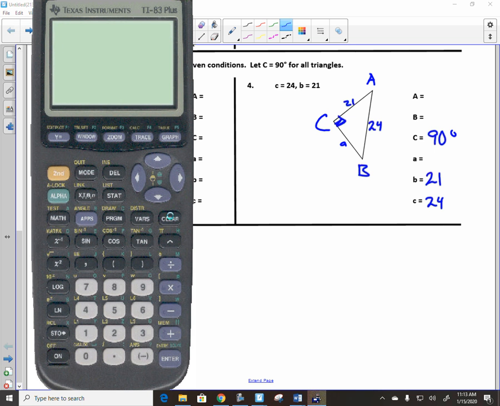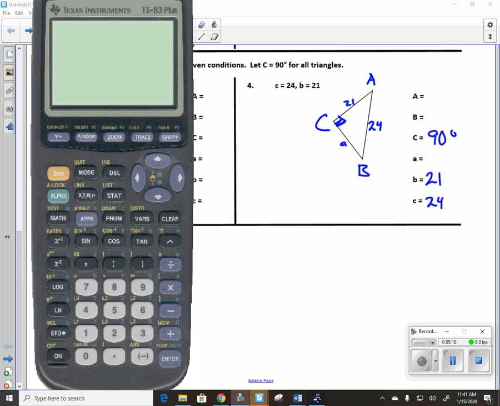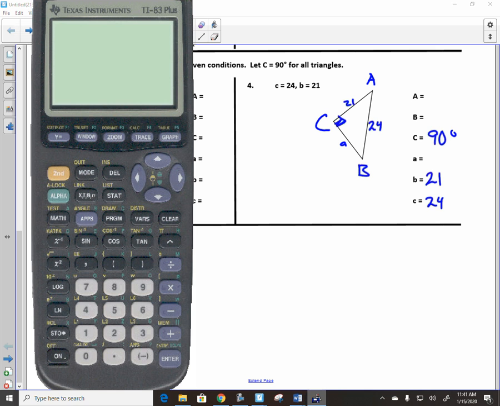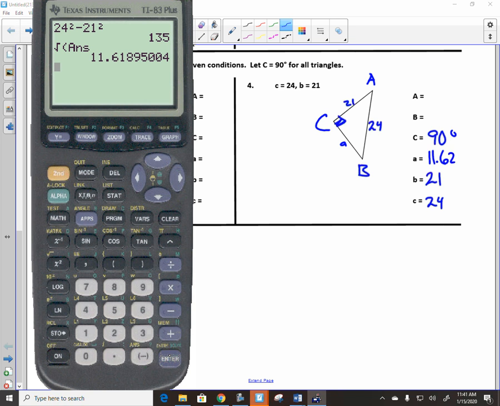Go get lunch, come back. Okay, we're going to find that third side. You said we want to find side A, so you can use the quadratic formula? No, Pythagorean theorem. Yeah. 24 squared minus 21 squared, and then you're going to take the square root of that. It looks like we get 11.62.